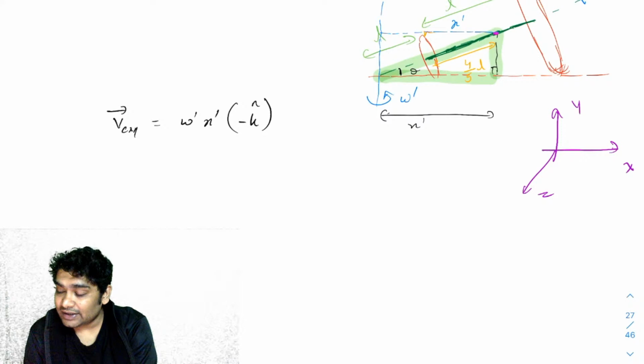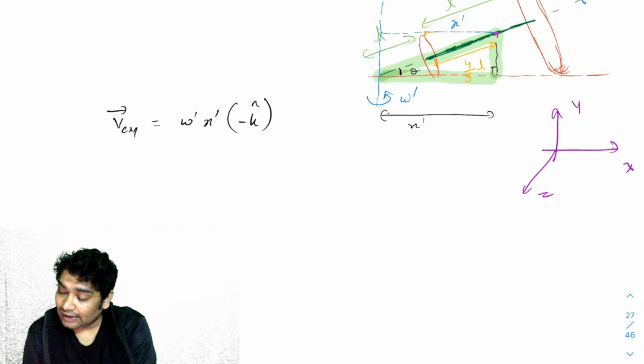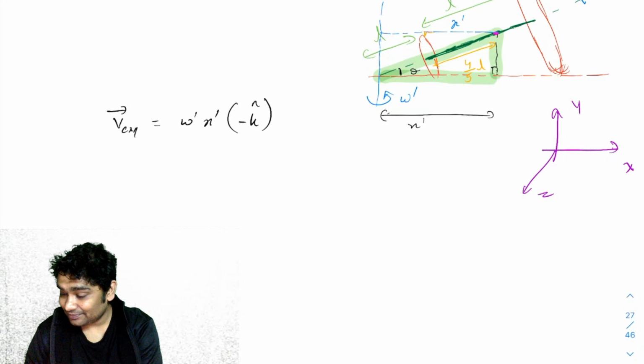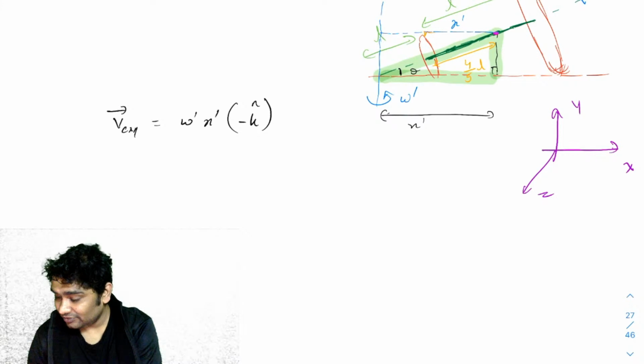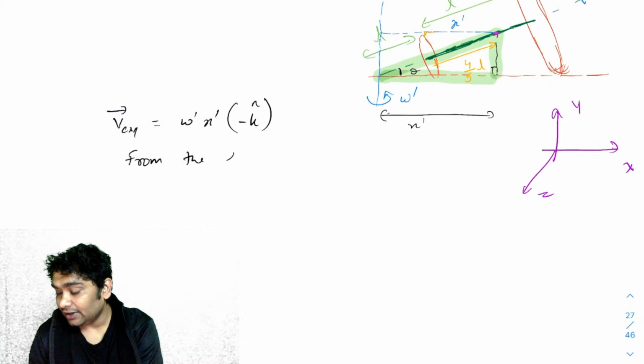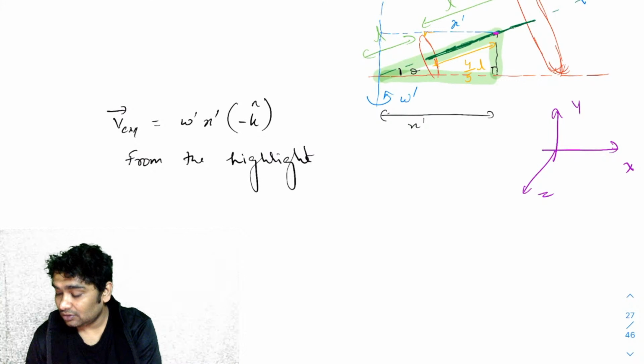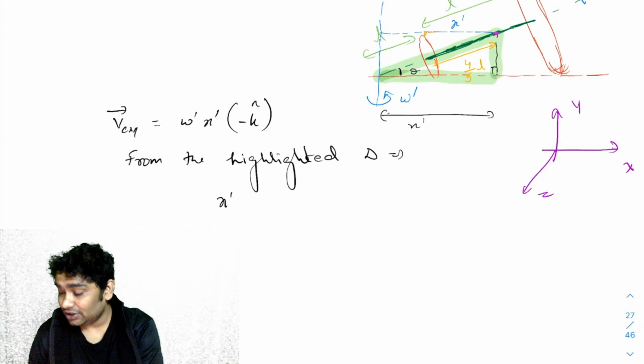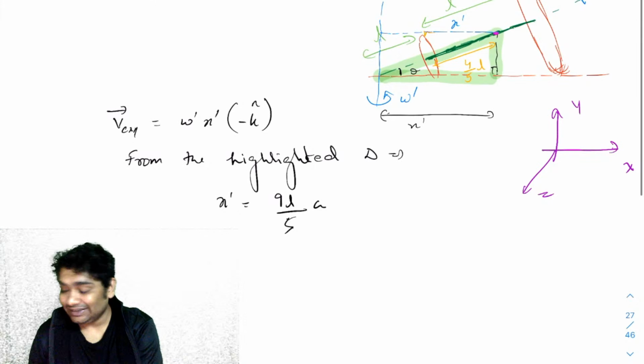In this triangle, can I say x dash equals that length, which will be 9L by 5 times cos of theta, right?